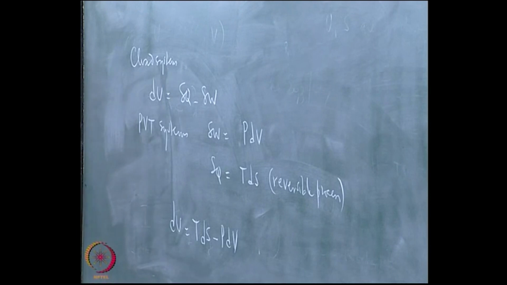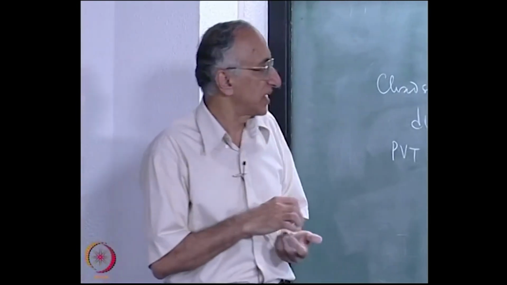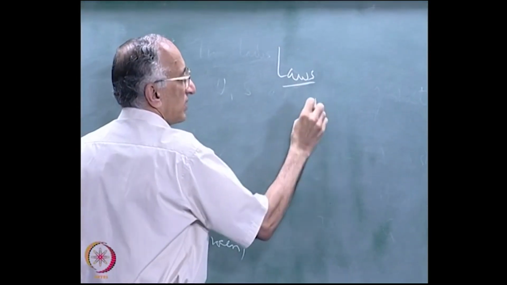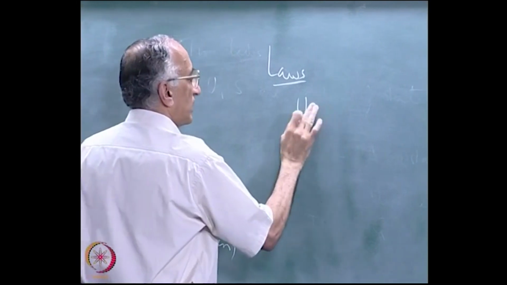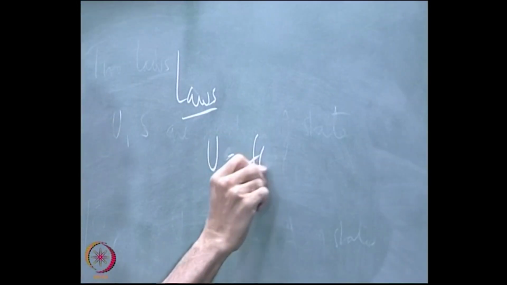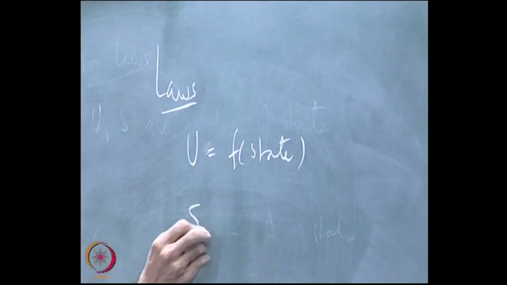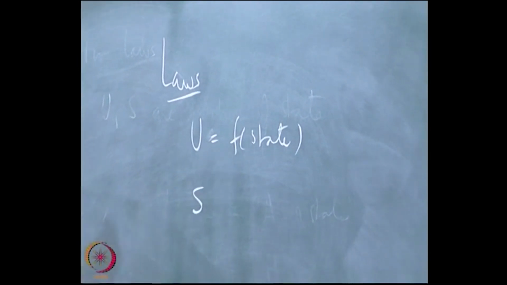The second law itself, the laws can be stated very simply. While I said U and S are functions of state, the laws are simply stated like this. You say U is a function of state, that is all, and then you say S is equal to maximum.